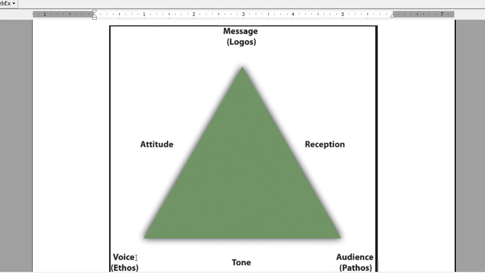So an example would be if you are creating a message that's intended to persuade your audience to make sure that they have healthy hearts because it's Heart Health Awareness Month, you would most likely decide to have a doctor speak as part of a presentation that you might be giving about this. Why would you have a doctor speak? And specifically, you might want to have a heart specialist speak.